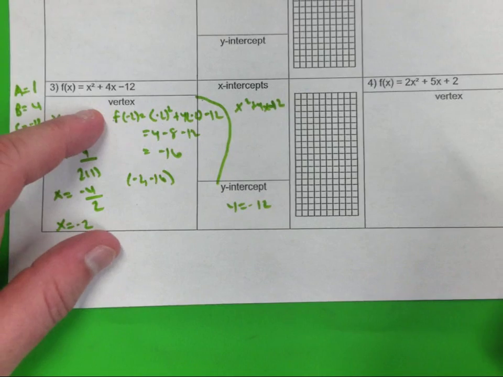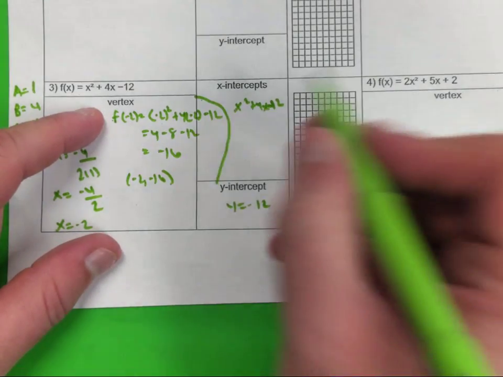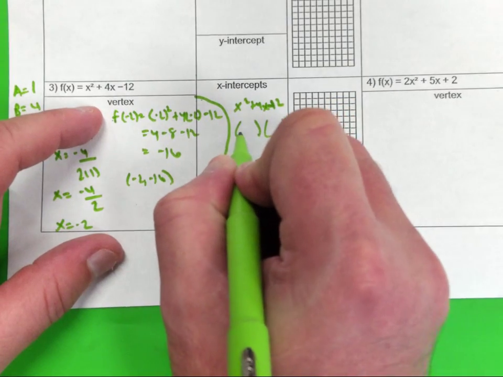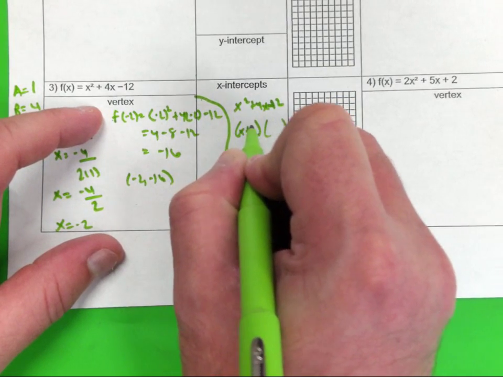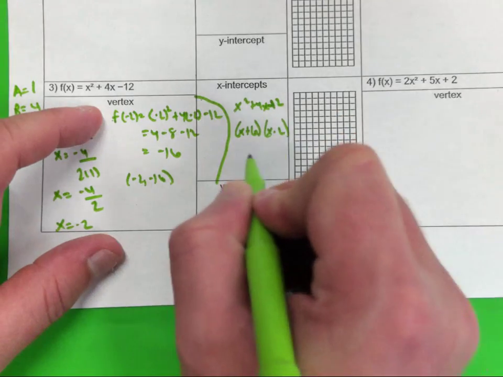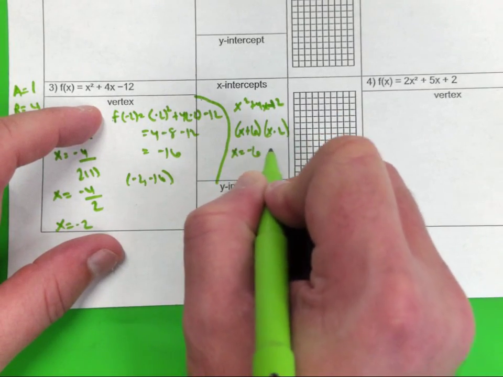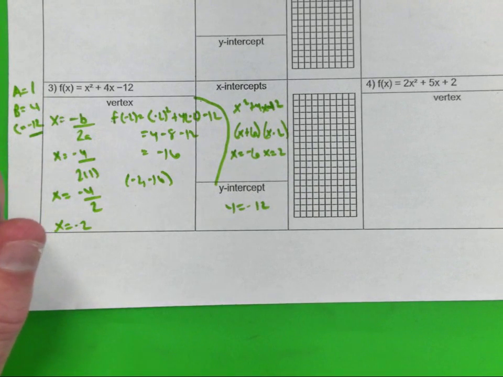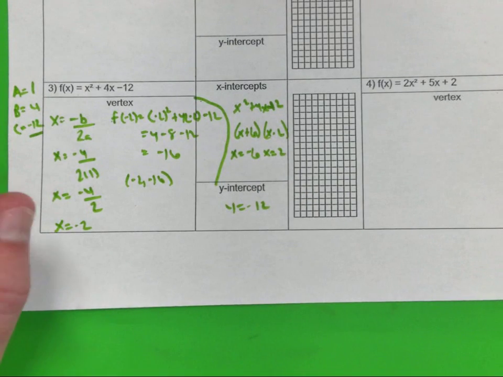Can I factor x squared plus 4x minus 12? Yes. What are the factors, everybody? Come on. 1, 2, 3. What is it? 6 and what? Very good. So that means x equals -6 and x equals 2. And what's another name for x-intercepts, everybody? What's another one? Very good.